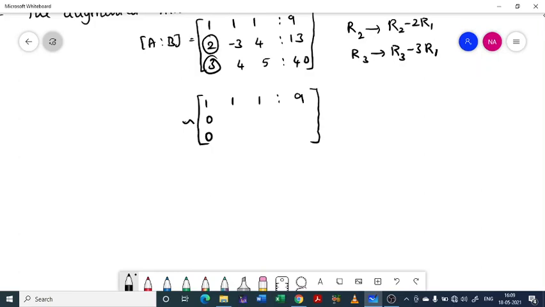Actually we will get minus 3 minus 2 is minus 5, 4 minus 2, that is plus 2, 13 minus 18 is minus 5, and the last row 4 minus 3 is 1, 5 minus 3 is 2, and 13, 40 minus 3 into 9, it will be 13. You can check it later.